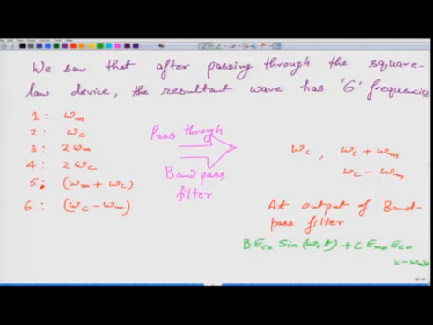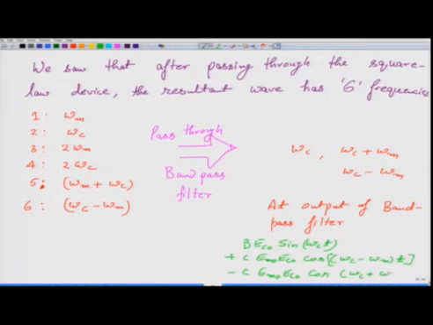Let me rewrite it nicely. So, the second term will be plus C E m naught E c naught cos of omega c minus omega m t, and the third term will be C E m naught E c naught cos of omega c plus omega m t, as was needed for amplitude modulated wave. So, this will be our y t.